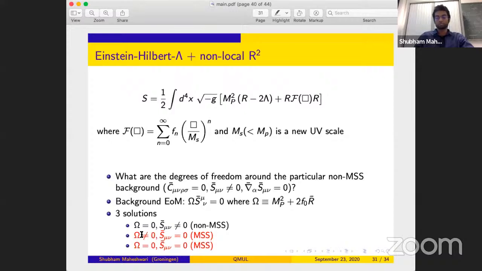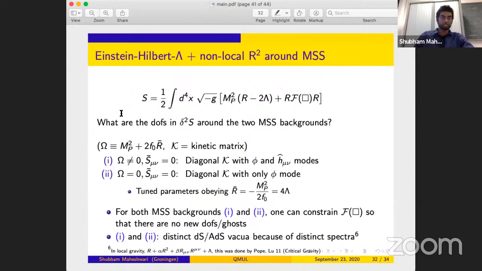And you can see that from the quadratic action and the degrees of freedom that you have around these two backgrounds. So if you take this action, which is non-local R squared plus Einstein-Hilbert plus lambda, and you compute the quadratic action around these two maximally symmetric backgrounds.